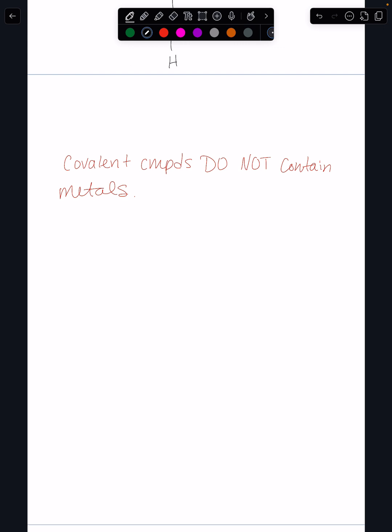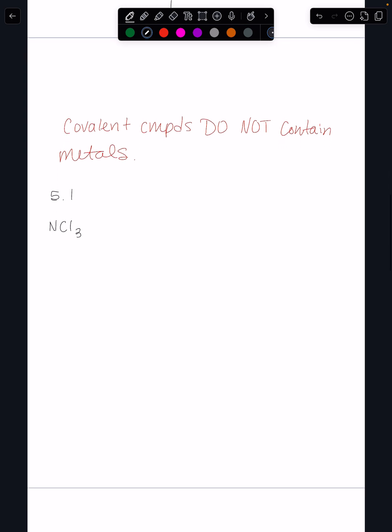Now let's practice drawing some Lewis structures. We'll look at example 5.1. And it says, what is the Lewis structure for NCl3? Nitrogen is in group 5 and has 5 valence electrons.